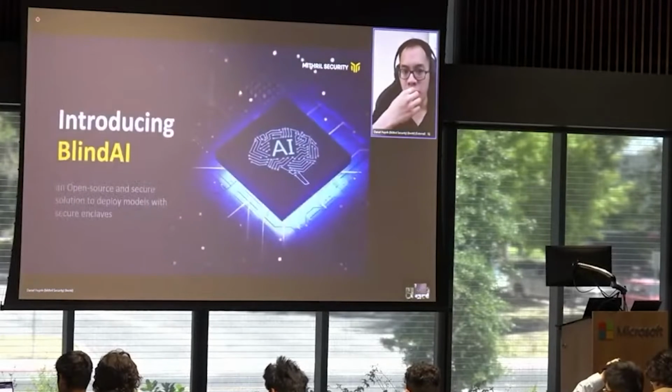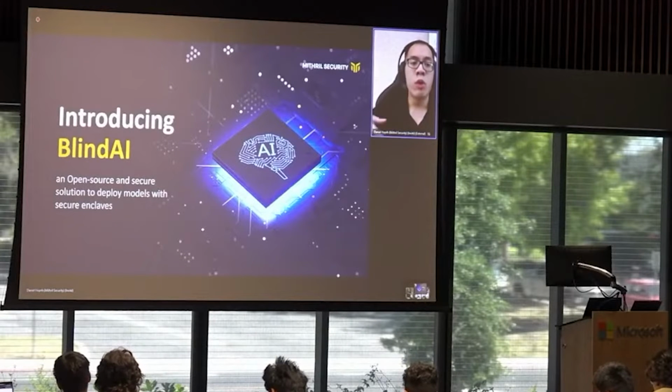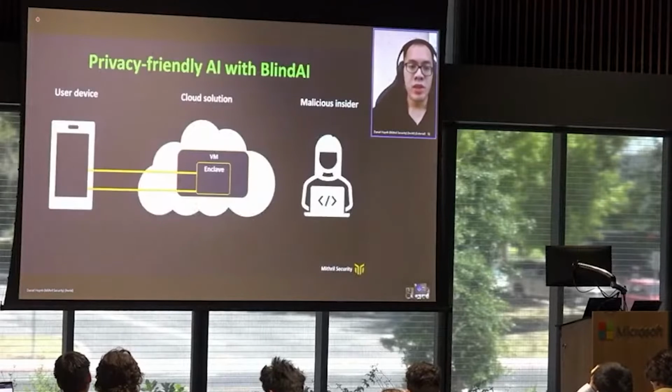So that's why at Matrix Security, we have developed Blind AI, which is an open source and secure solution to deploy Onyx models inside what we call secure enclaves, which are solutions that leverage hardware to protect data. So what is the difference?